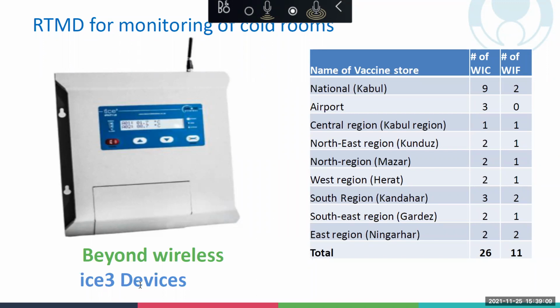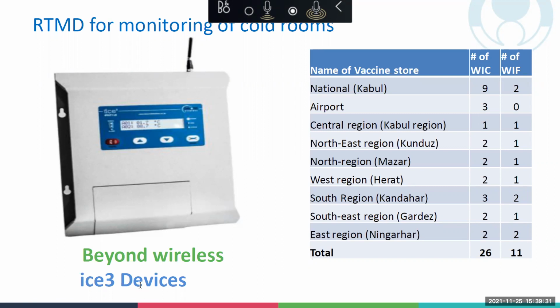This was clearly shown in the recent temperature monitoring study conducted in the country in 2019-2020, where for 99% of the hours the vaccine traveled from the national store to the last mile, the vaccines were kept at +2 to +8 degrees centigrade.